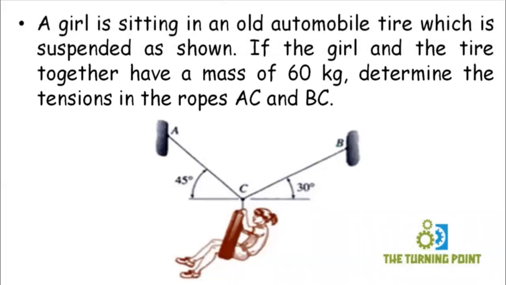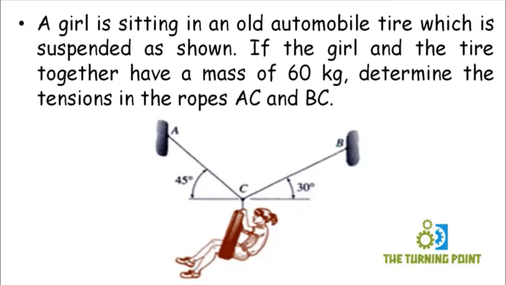And if you observe there, AC is a string and BC is also a string. Along the strings we can keep tensile force. A string can experience tensile force only. So here when you observe the two tensile forces along the string and weight of the girl along with the tire, all those forces are meeting at point C, right?